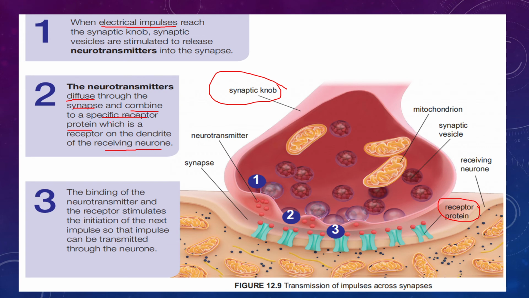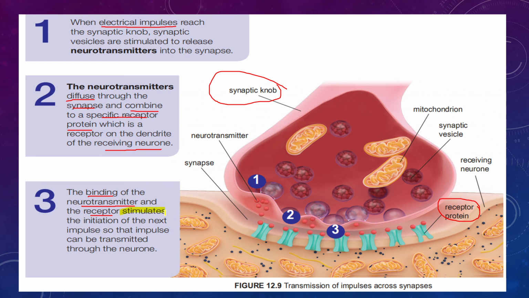So this specific receptor protein is at the dendrite of the receiving neuron, combined with the neurotransmitter just now. So the binding of this neurotransmitter and the receptor will cause a new nerve impulse to be stimulated.